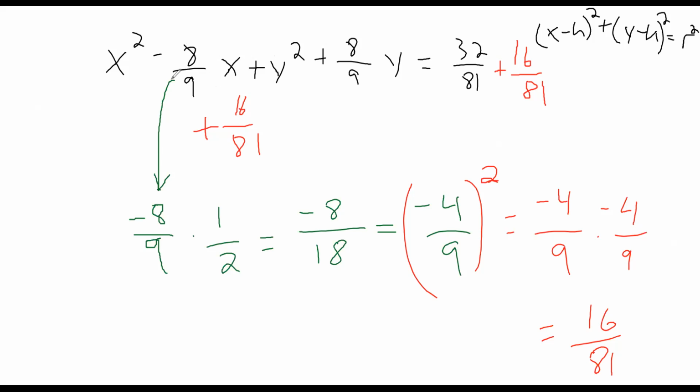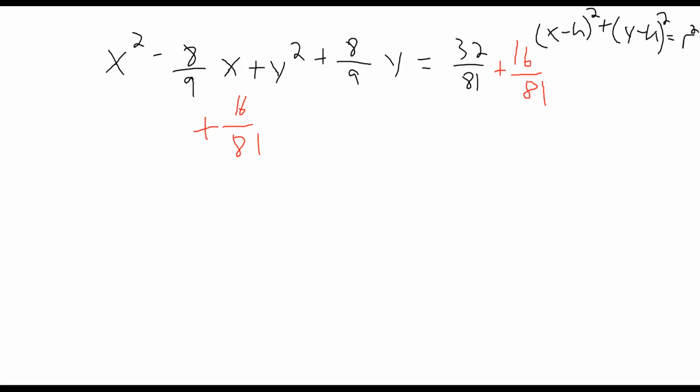We take this value with x, we take half of it, then we square that number, then we add that number to both sides of the equation. What that's going to do is create a perfect little scenario where this new thing that I'm about to write is going to end up factoring perfectly. So let me show you. It's going to factor as what we call a perfect square trinomial and look something like this.